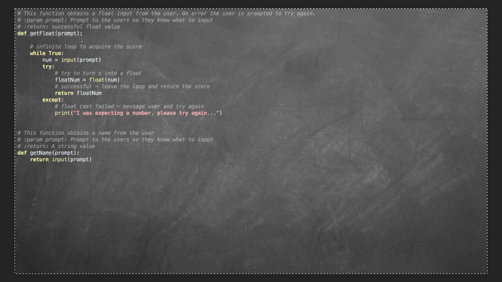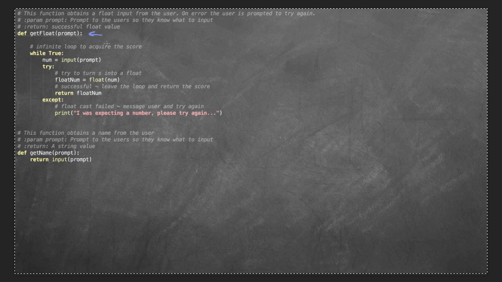Now, in the case of getting a floating point number, well, this is a little more of an issue, isn't it? Because as you recall, whenever we get input from Python, we will receive a string. And we're hoping that that string will contain string versions of numbers.